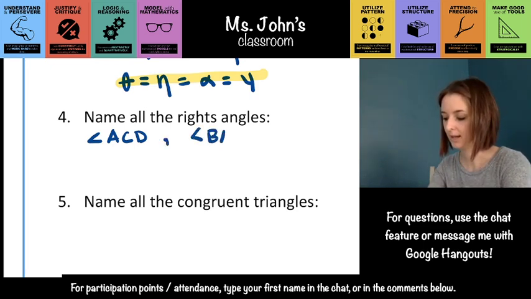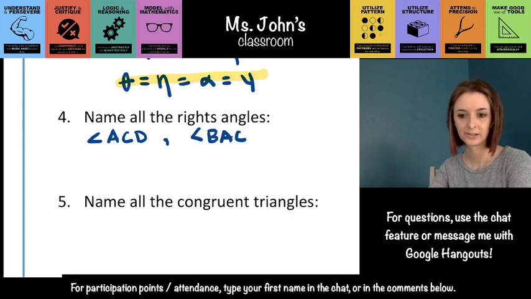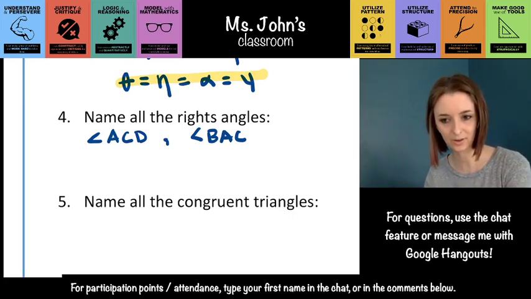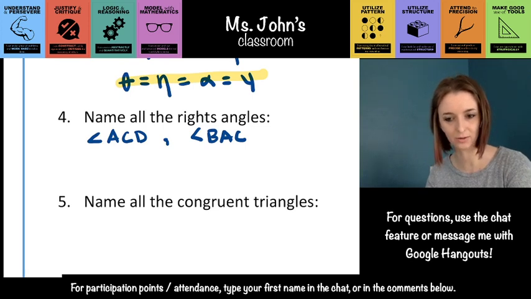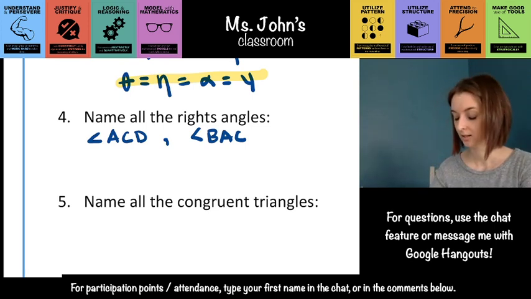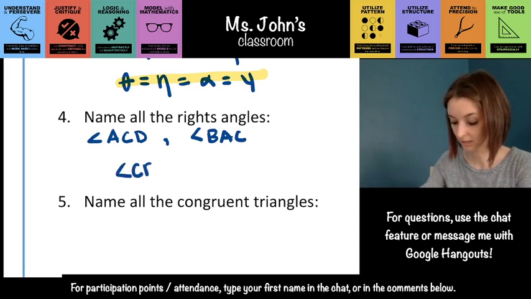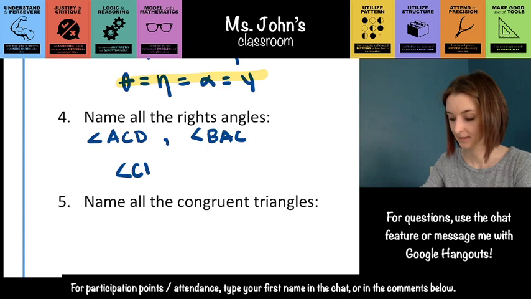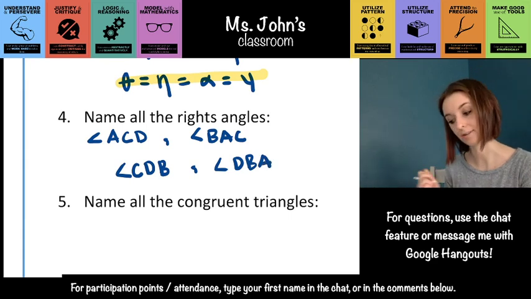So is BAC. Mu, yeah, I know the mu one, the one that looks like a U with a long tail. Okay, my AirPods are dying. We're on a time schedule. C, DB, and DBA. Those are all right angles.